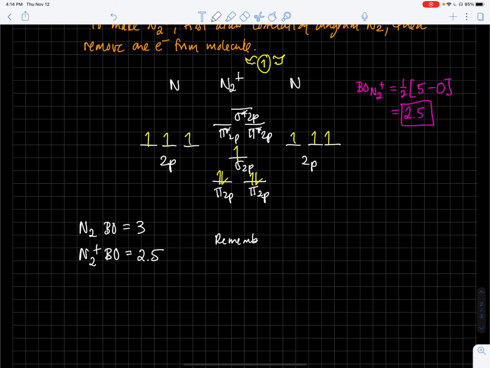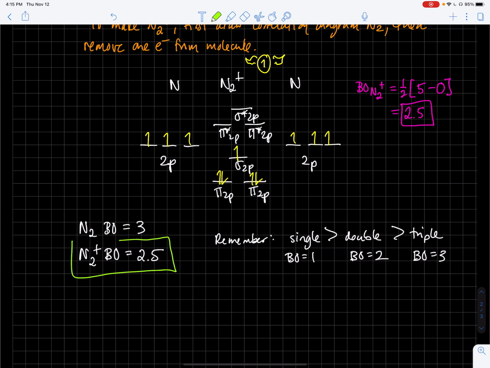Remember that a single bond is longer than a double bond, which is longer than a triple bond. What we've just added here is that bond order equals 1 means single, 2 means double, and 3 means triple. So from that, you can see that the one with the smaller bond order has the longer bond.